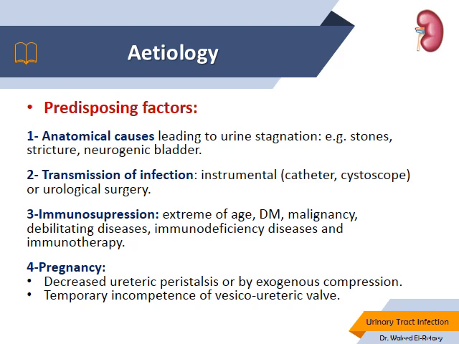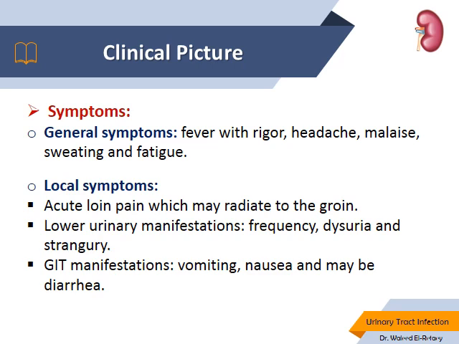Immunosuppression affects the function of the immune system and host defense mechanisms, like extremes of age, diabetes, malignancy, any patient receiving immunosuppressant medications, and pregnancy due to decreased ureteric peristalsis, and there is back pressure on the kidneys, especially the right kidney, by the gravid uterus, which predisposes the urinary tract to infection and pyelonephritis.